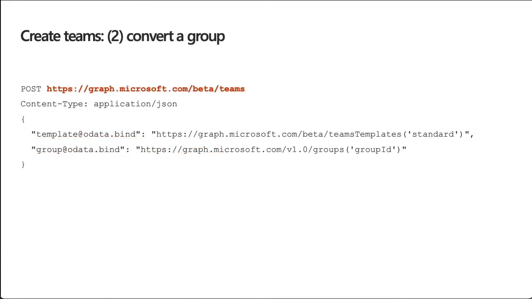The next step is to upgrade that group to a Microsoft team. The way you do that is by submitting a POST to the teams endpoint, and then you specify the group ID in the group@odata.bind property. I'm specifying the fully qualified path to the group that I want to update there.